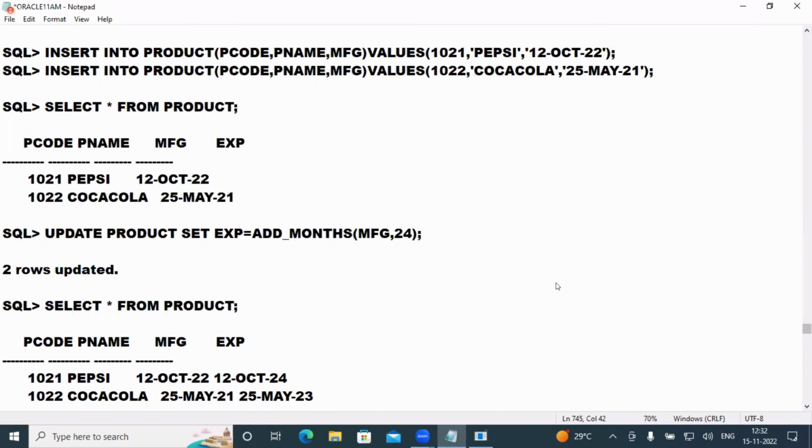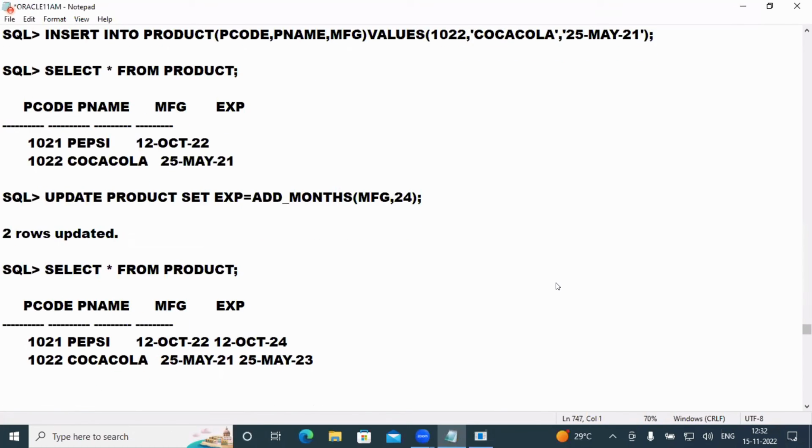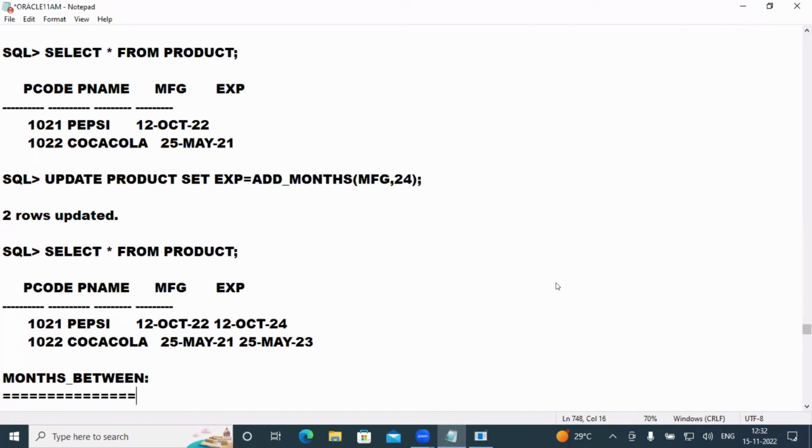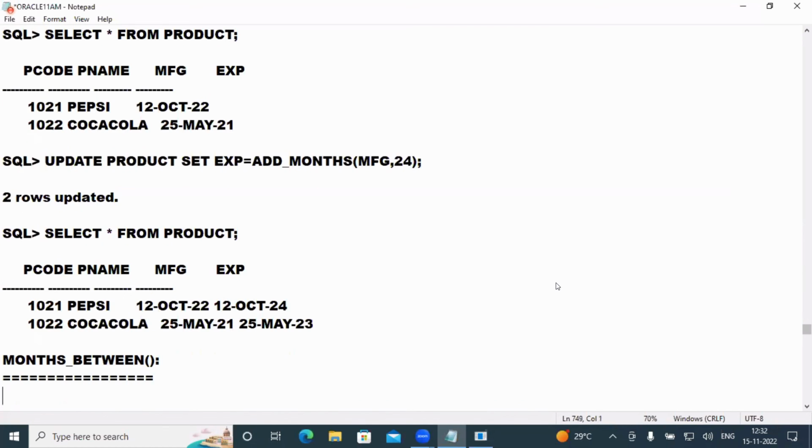Okay, now? Right. So this is add months. The next one is called what now? Months between. The next function. Months between, this is the next function. What will this function return for me?